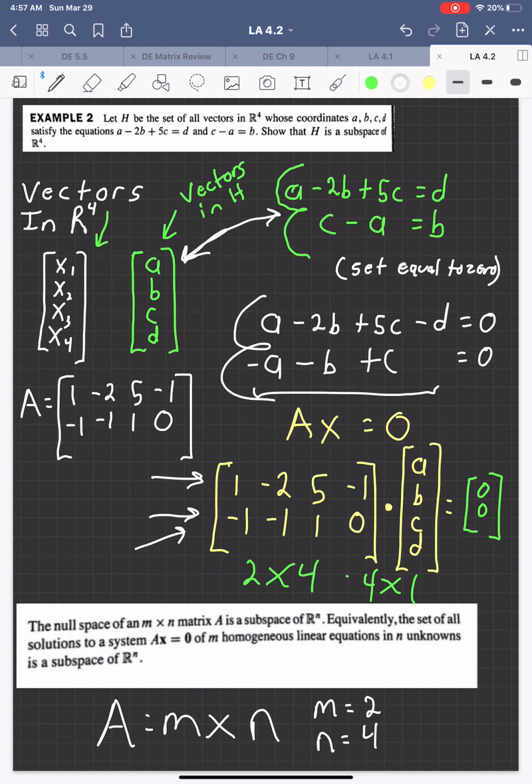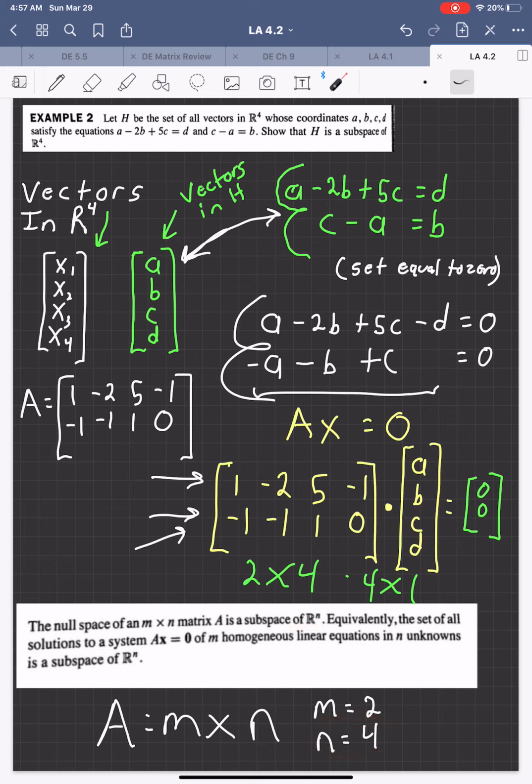That means 4 unknowns. So in this case, all that we're doing is calling on theorem 4 to show that the null space of an m by n matrix is a subspace of Rn, but in this case, n is equal to 4.